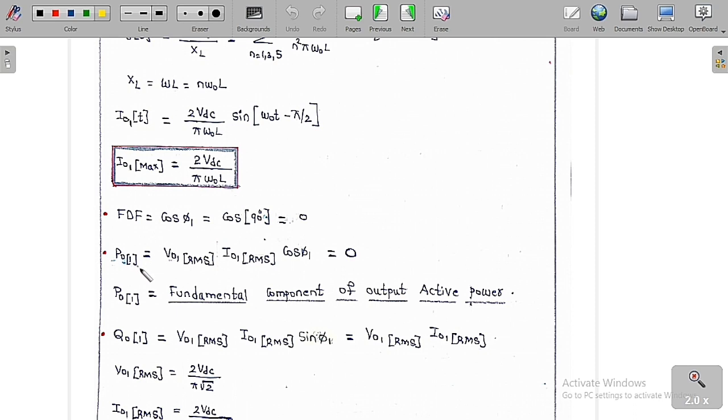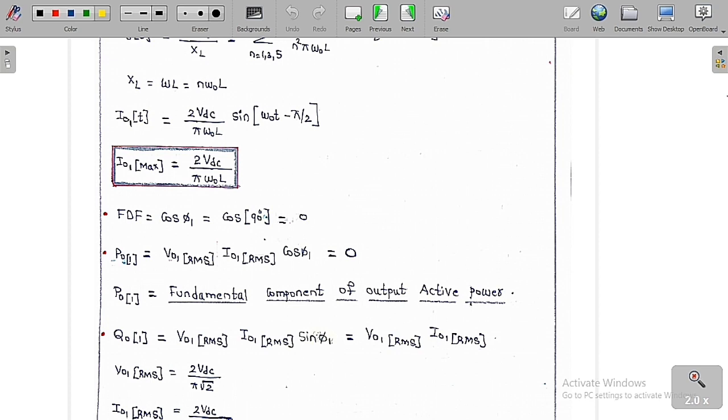Now if you want to find the output power due to the fundamental components, that is, because of the fundamental components, how much output power is absorbed by the load.